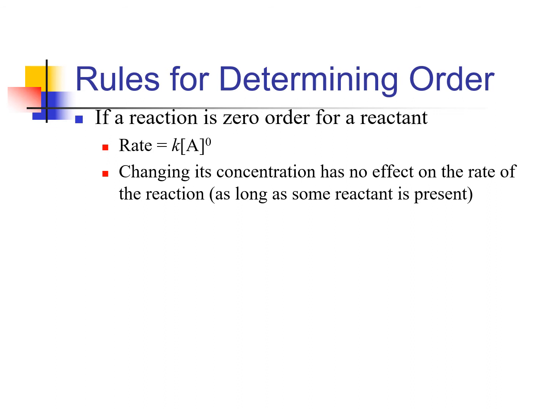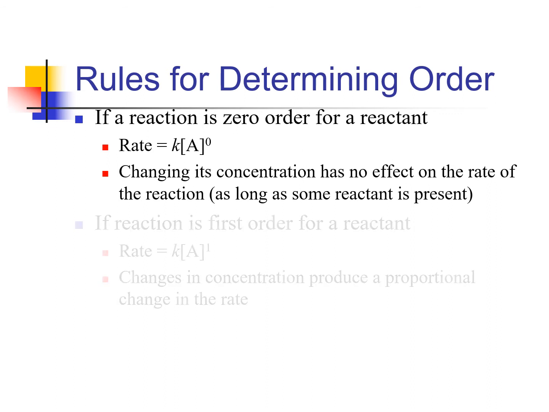If a reaction order is 0, that means changing its concentration does not change the rate. We still need some of that reactant present, but as long as there's more than 0, it doesn't affect the rate. So if we doubled the concentration of A and it didn't change the rate, A would be 0 order.